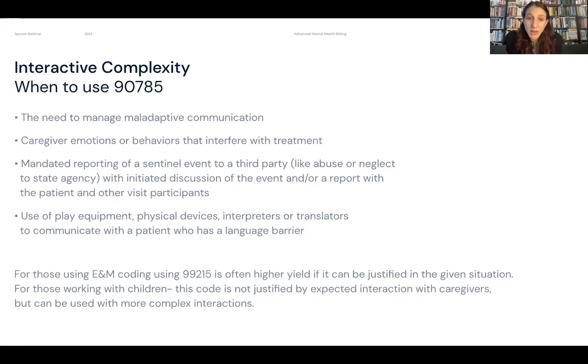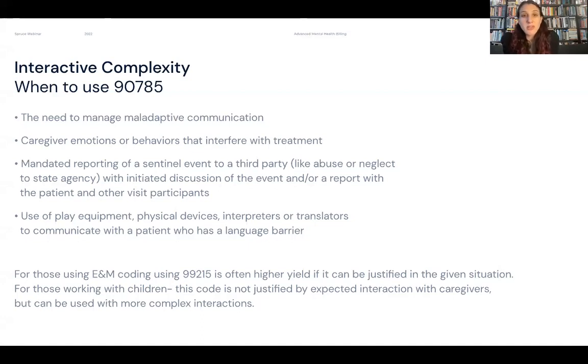For example, if you needed to call a state agency to report abuse and you called through Spruce and you were on hold for 45 minutes, you would see on your Spruce interface that call afterwards and the length of that call, and you could copy that into your documentation to note that that was something that you did as well.